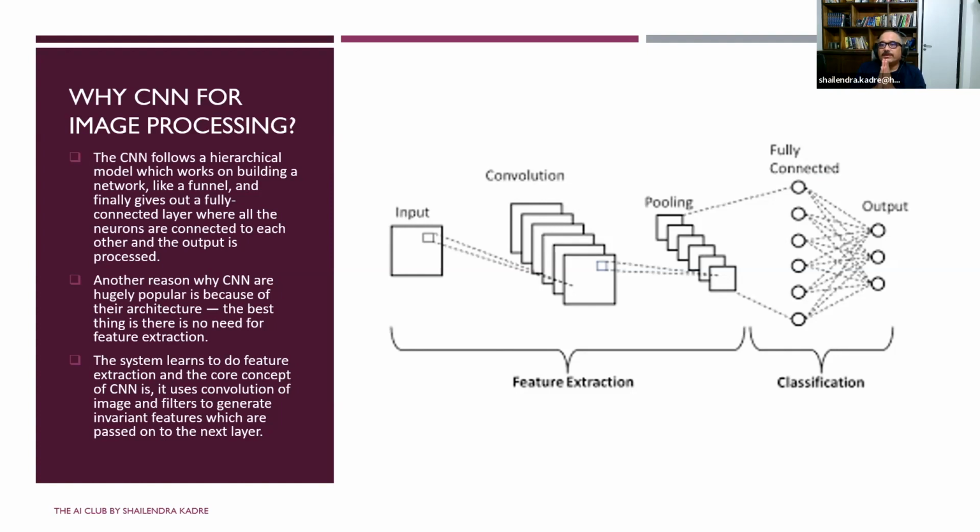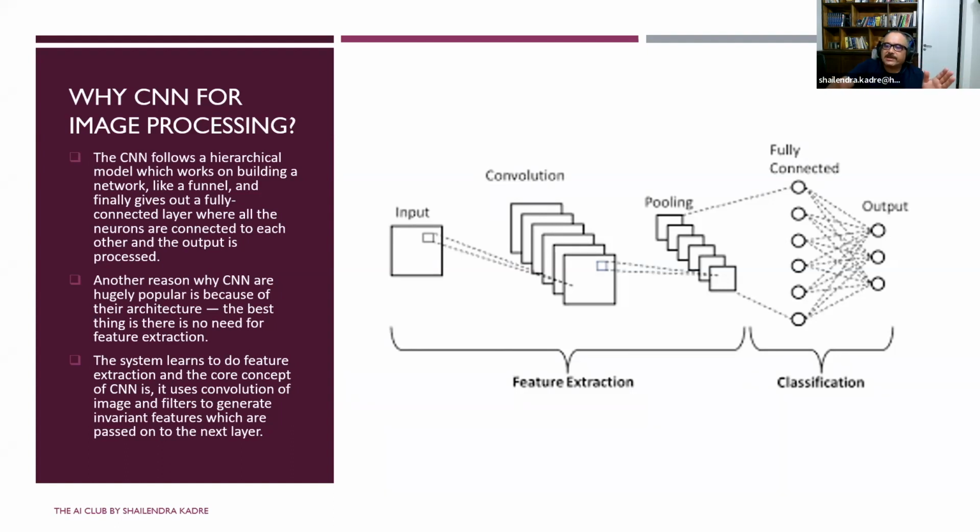If I am wearing specs, whatever convolution or pooling operation I do, my specs should remain intact, because the image has to recognize me by my specs. Features like my mustache, my beard, or the headphones I am wearing should remain intact. Still, we have to reduce the number of features. This is feature extraction.